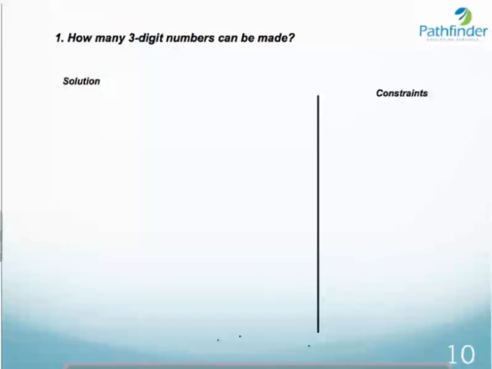The first constraint, and this will be a constraint for almost every question, is that the total number of digits that we can use is 0 to 9. So not really a constraint considering that we are solving in decimal numbers. Another constraint is that the numbers have to be 3-digit. So we cannot have more than 3 digits for this particular number.